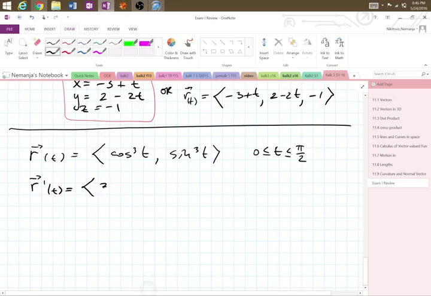So it's 3 cosine squared t times the derivative negative sine t, and 3 sine squared t times cosine t.